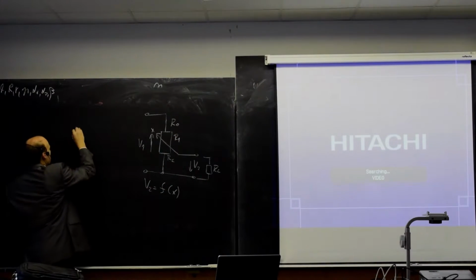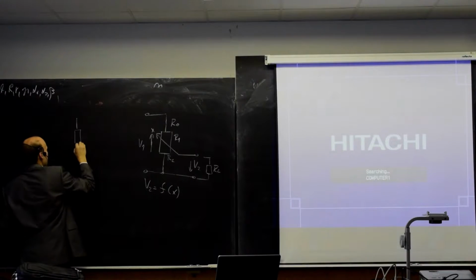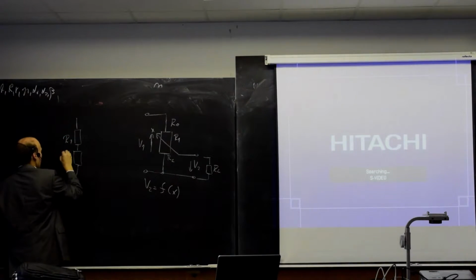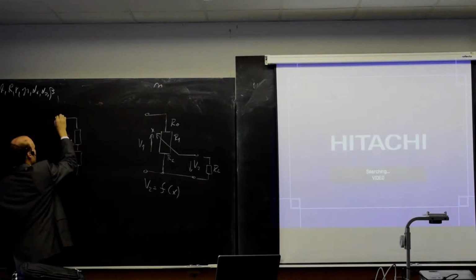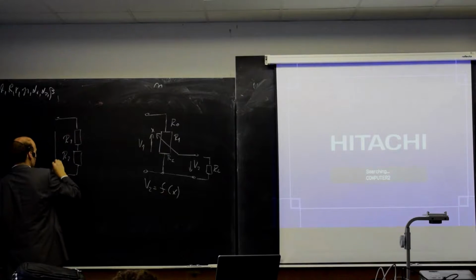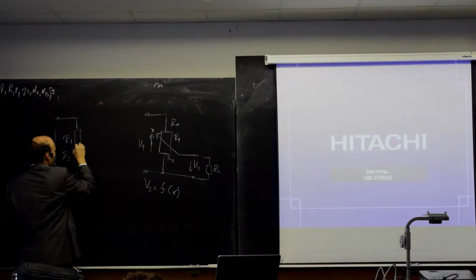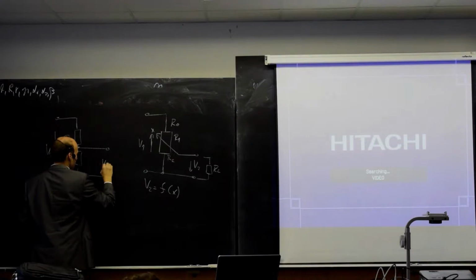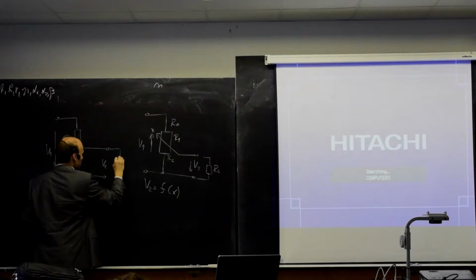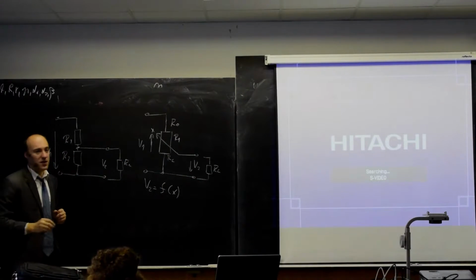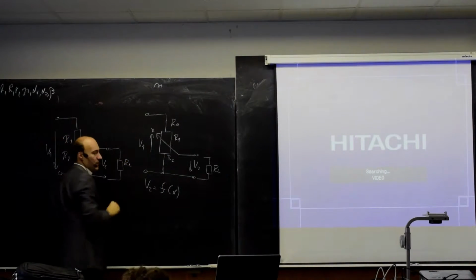So now we can redraw this circuit in the following way. This will be R1 and R2, and here we have the input voltage V1, and here we have the output terminals V2, and there is a resistor that represents the voltmeter, the load.